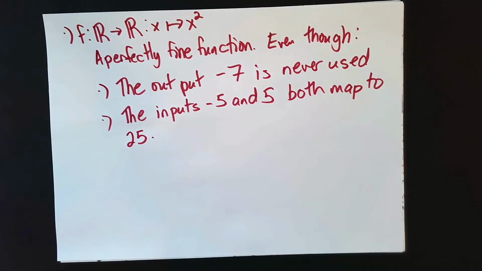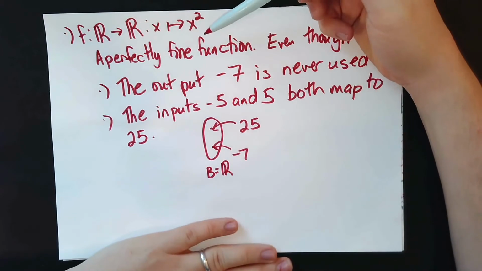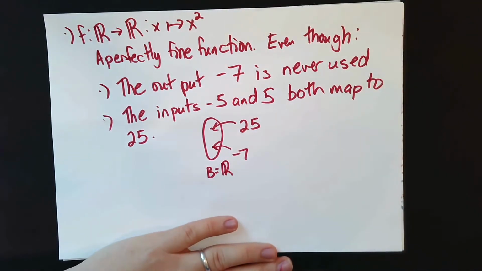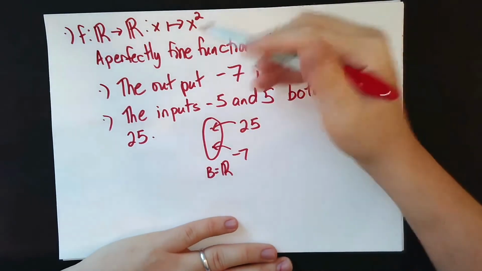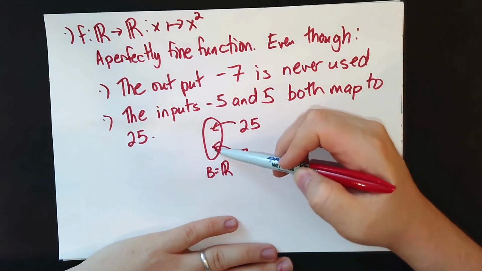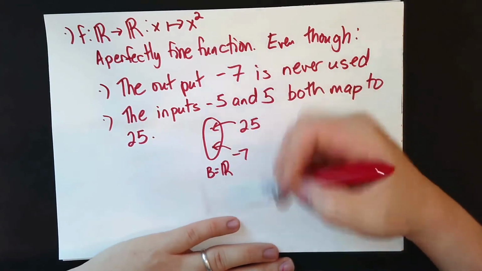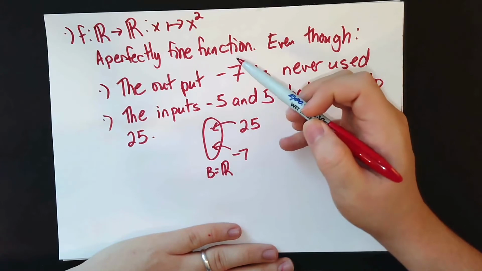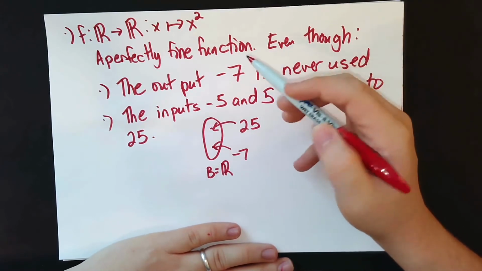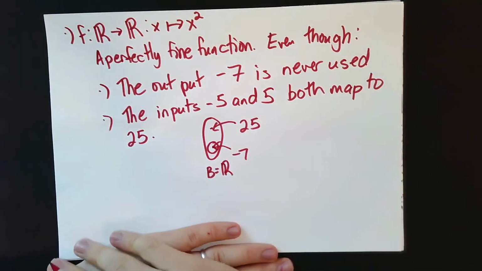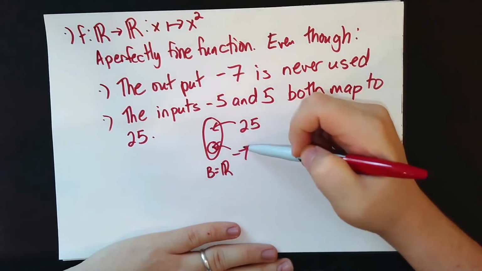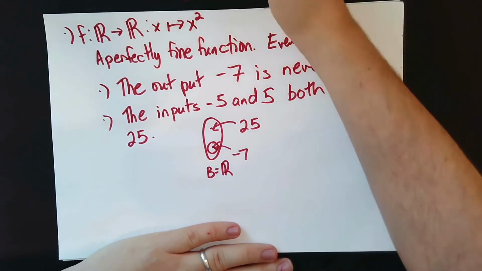So, in other words, if you try and picture what the codomain of this looks like in terms of dot diagrams, I realize this is a stretch of imagination because, of course, in addition to 25 and -7, there are infinitely many other dots that I'm not depicting here. But in fact, no arrow goes to -7, because -7 is not something that gets mapped to by anything, because squaring something always gives you a non-negative number.